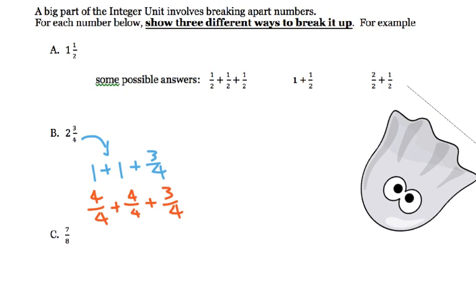And you could have also broken it up in other strange ways, like maybe done 2/4 and 2/4, and then 4/4 and 3/4. I just want to see the different ways that you can break up these fractions and these decimals.